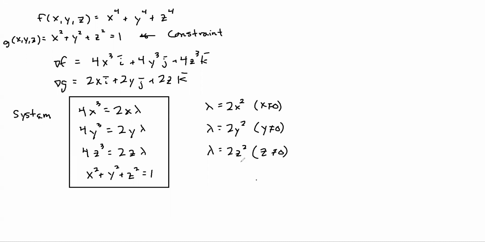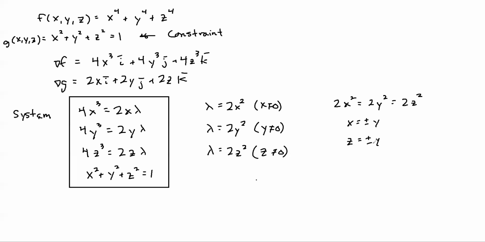However, assuming that they cannot be 0, then we get 2x squared equals 2y squared equals 2z squared. And if that's true, then x equals plus or minus y, and z equals plus or minus y. I don't know why I chose those two, but it doesn't matter. You just need to solve for two of the variables.